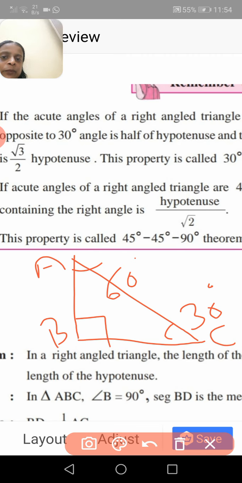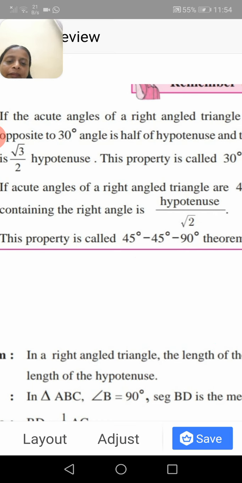Once again I am explaining the concept. If C equal to 30, then side AB equal to half the length of AC, half the length of the hypotenuse, and side opposite to 60, that is here BC, length of side BC equal to root 3 by 2 times AC, that means root 3 by 2 into length of AC. Okay, this is 30, 60, 90 degree theorem.